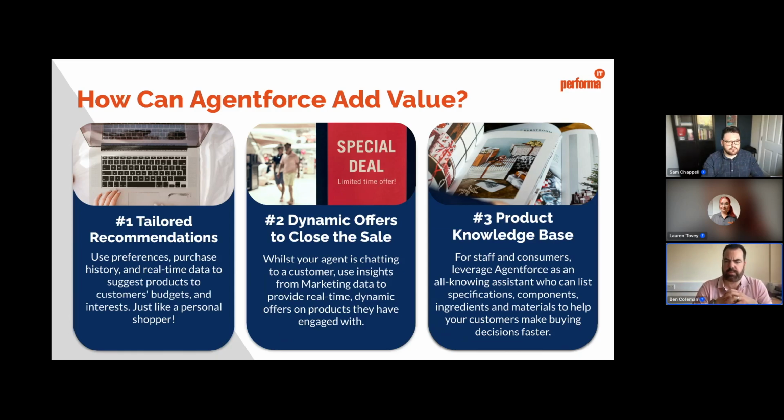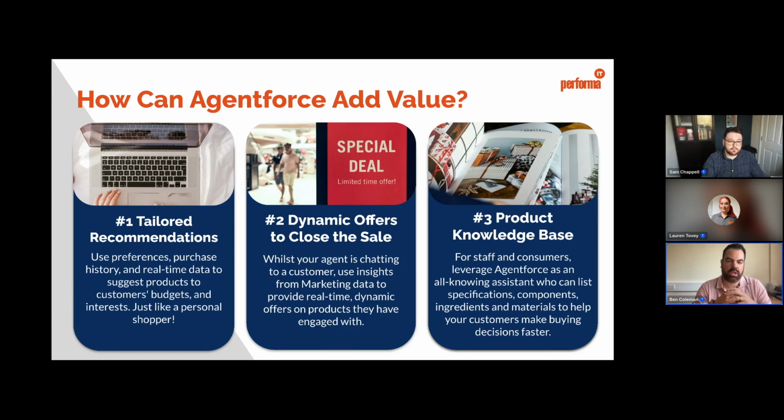I don't think it's going to be too long, as Sam said earlier, before we see the out-of-the-box personal shopper agent arrive. But if that speaks to your business, it's certainly worth having a look into now, and we can help you with more information on that.